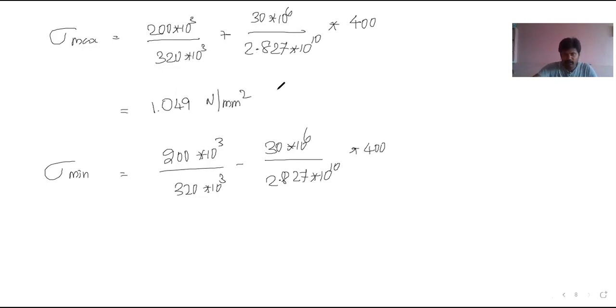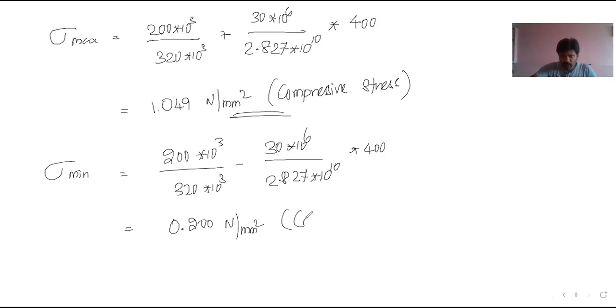This value is positive, which denotes compressive stress. Next one is sigma minimum. If I substitute these values, I get 0.200 Newton per mm square. This is also positive, so this stress also becomes compressive stress.